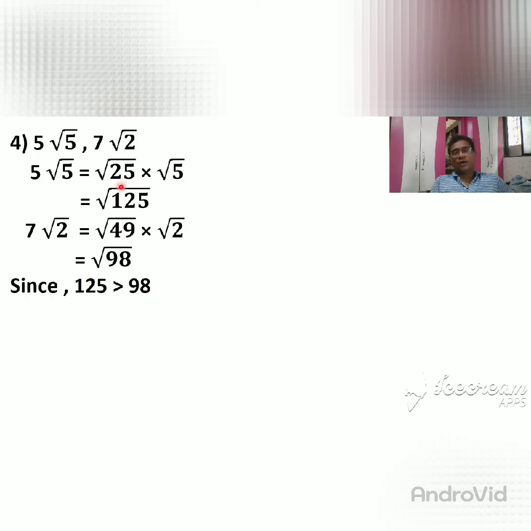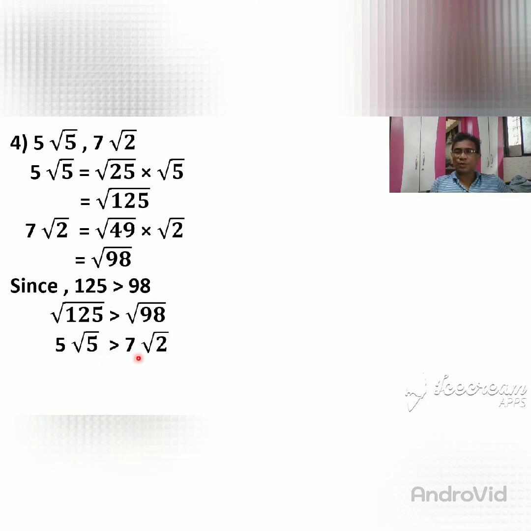The number whose square root gives 125 is 5 root 5. So 5 root 5 is greater than 7 root 2. That is written here: root 125 is greater than root 98, from which we get 5 root 5 greater than 7 root 2.